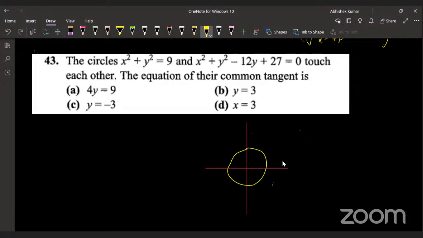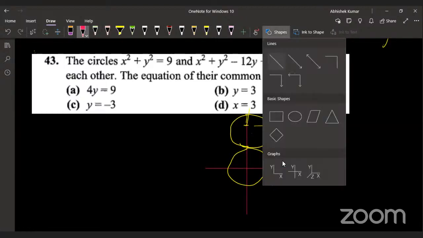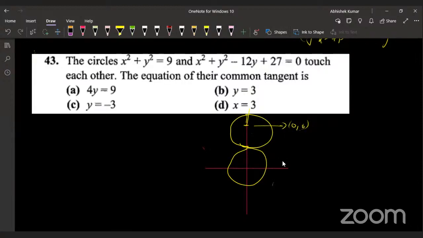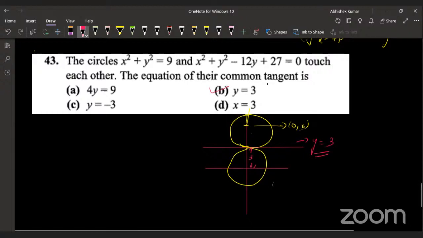It is 0 comma 6. So the only common tangent you can see is going to exist here, at a distance of 3 units from the origin on the y-axis. So the equation of that common tangent is y equal to 3, option B, nothing else. You don't have to do any calculation, it's an oral question.